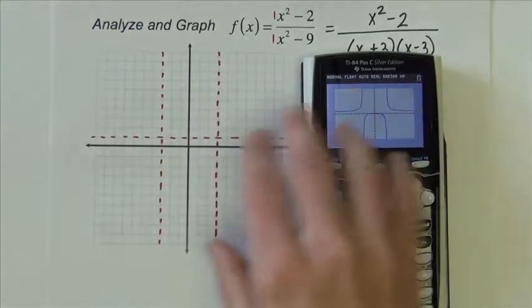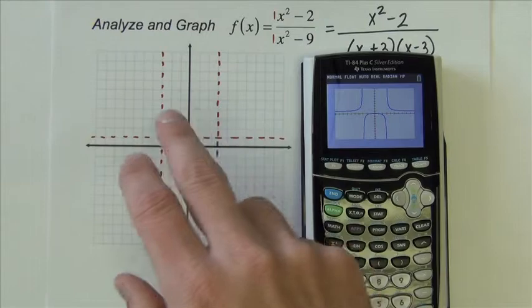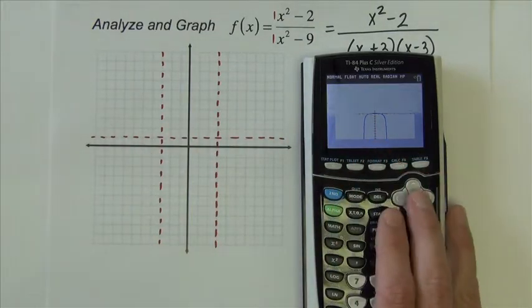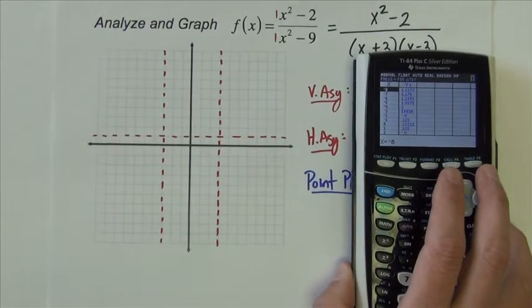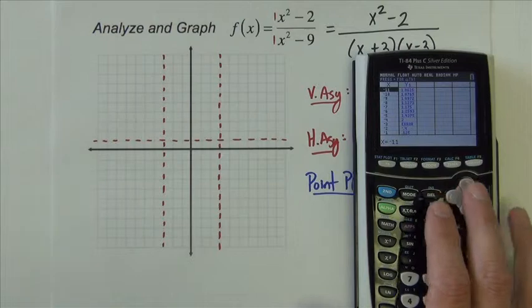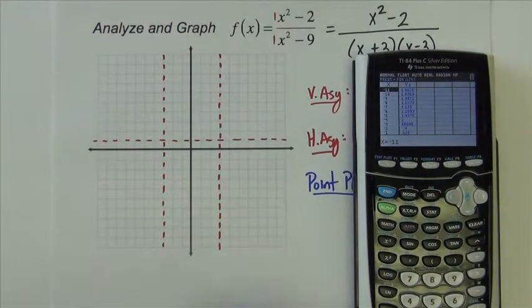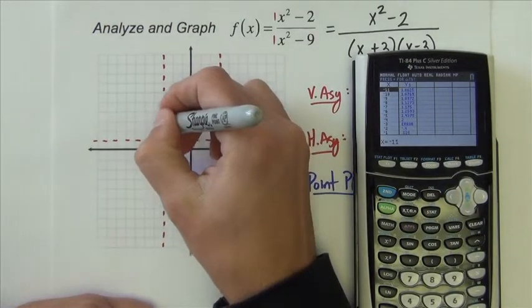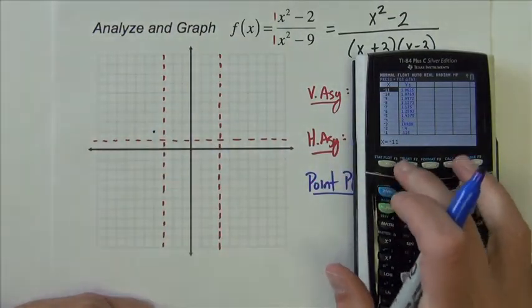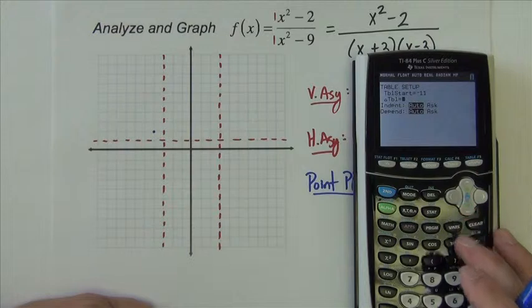Now it's not enough to just know that and just slop some curves on here. I want real points. Okay, so we go into table. We get some real numbers that we can plot here, as best we can. So let's see, negative 4 is at 2. Let's change my table to go by halves again.